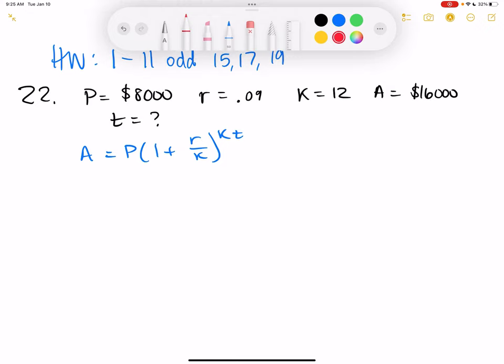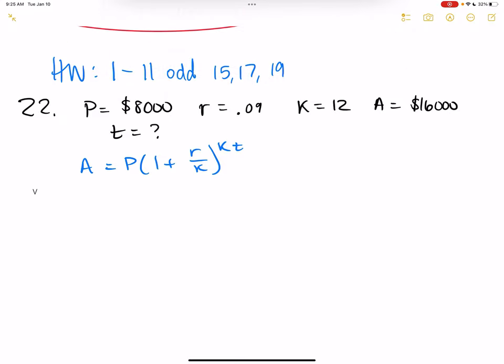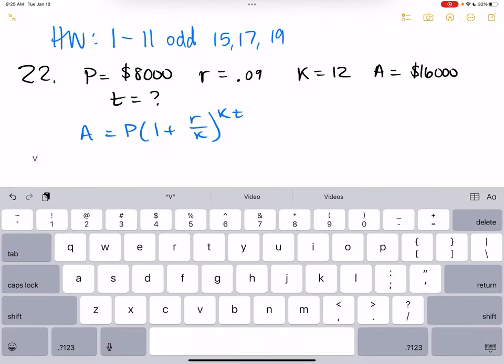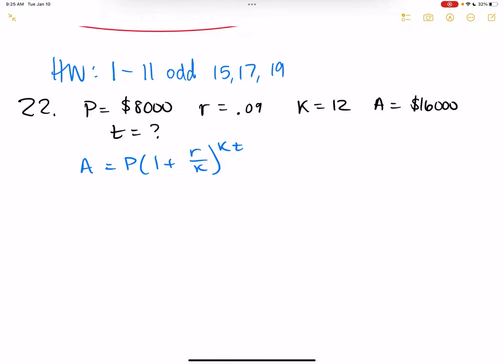So we can plug everything in. 16,000 equals 8,000 times 1 plus 0.09 divided by 12 raised to the 12t.